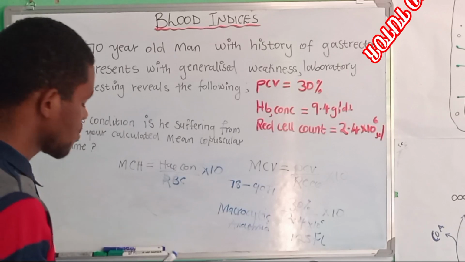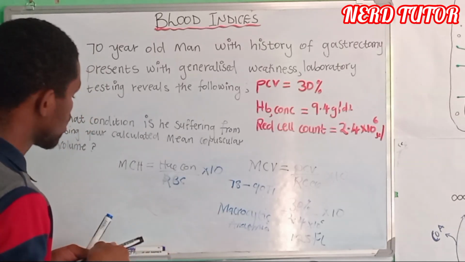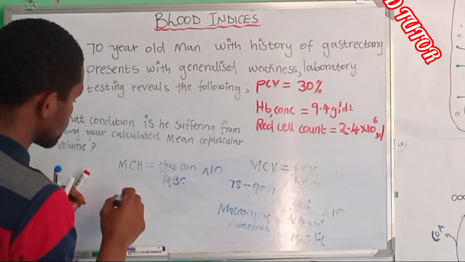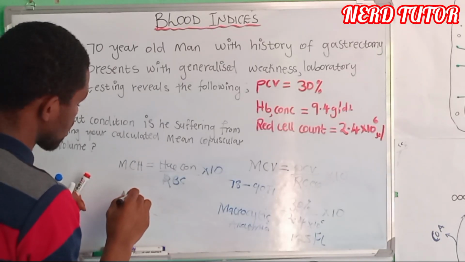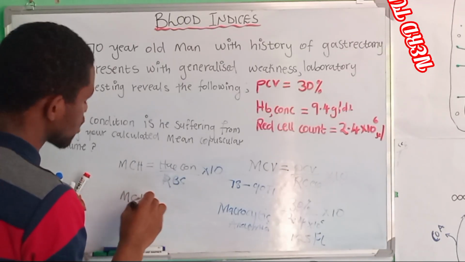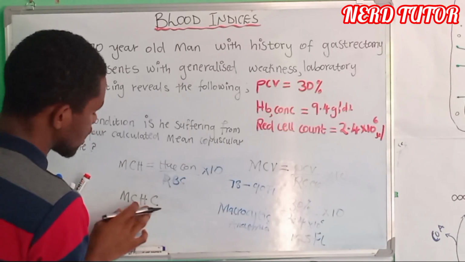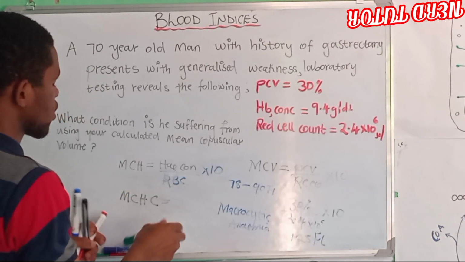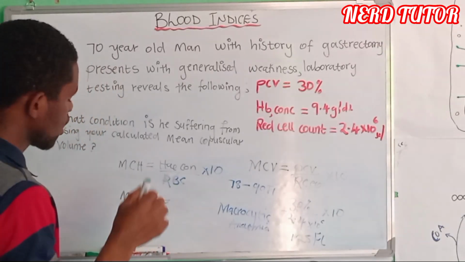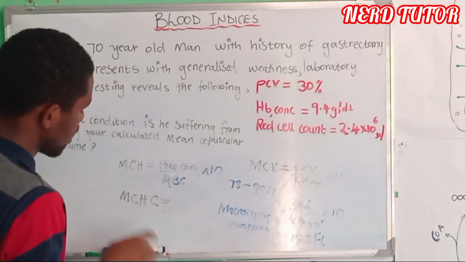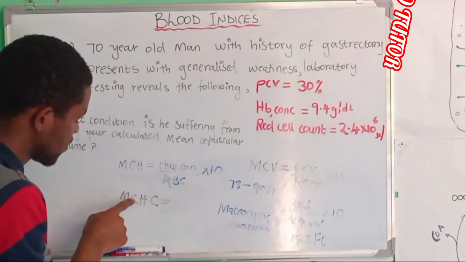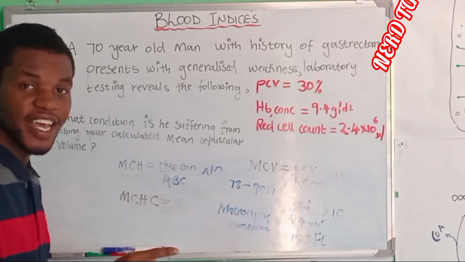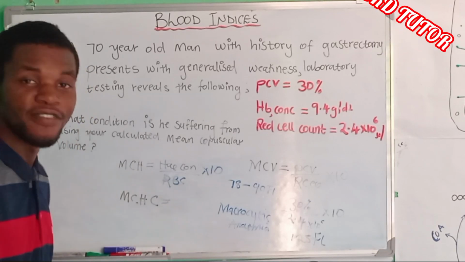But if we were told maybe to solve for mean corpuscular hemoglobin concentration, then the formula changes. Since we are having two C's in the formula, this C and this C, mean corpuscular hemoglobin concentration, meaning even in our formula, we're going to have two of things.